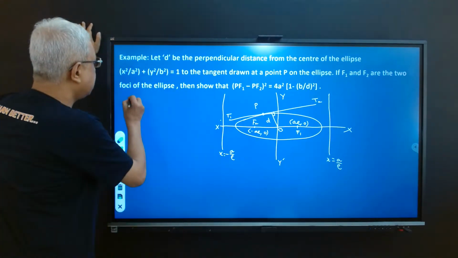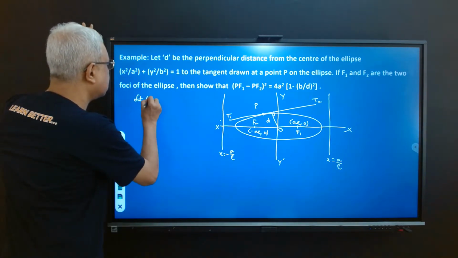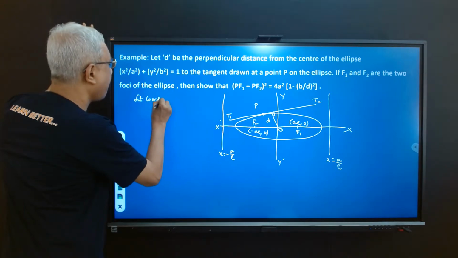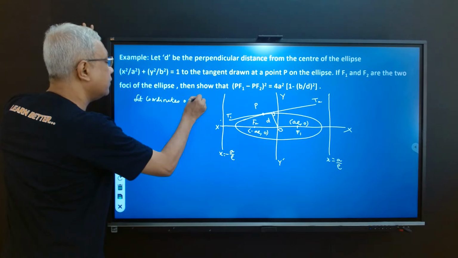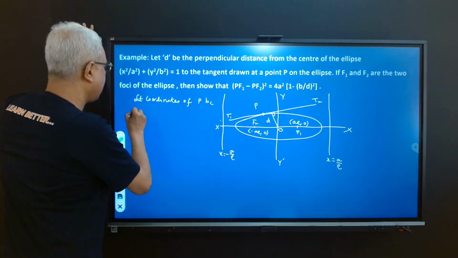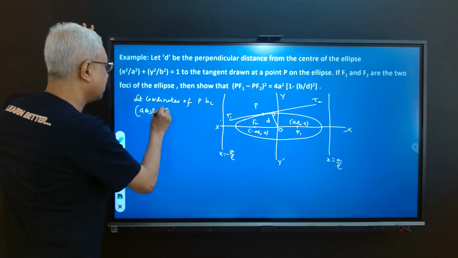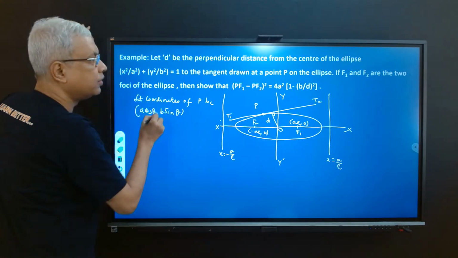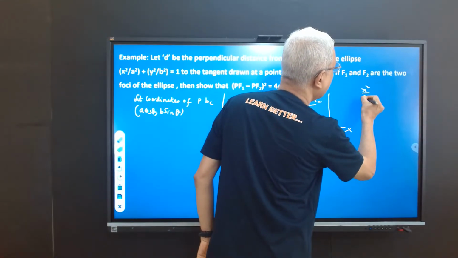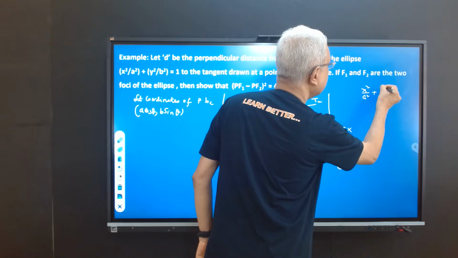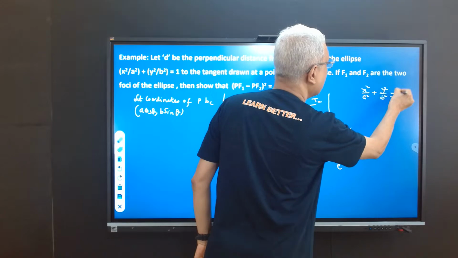Now let the coordinates of P be a cos theta, b sin theta, because the equation of the ellipse is x square by a square plus y square by b square is equal to 1.